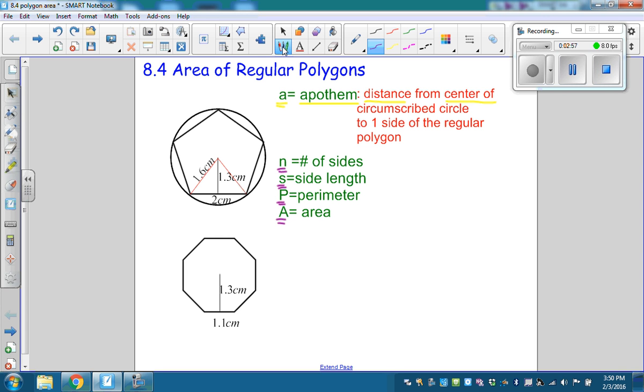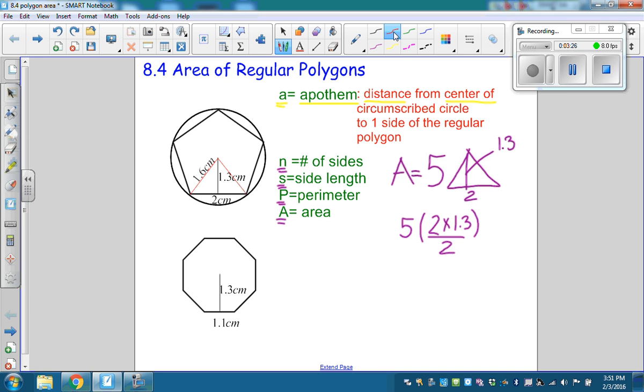So for this area of the pentagon, the way I would look at it is that you have 5 isosceles triangles. And the base of this particular isosceles triangle is 2, and the height of that isosceles triangle is 1.3. So you have 5 times 2 times 1.3 divided by 2. So really, you just have 5 triangles, and each triangle has an area of 1.3.